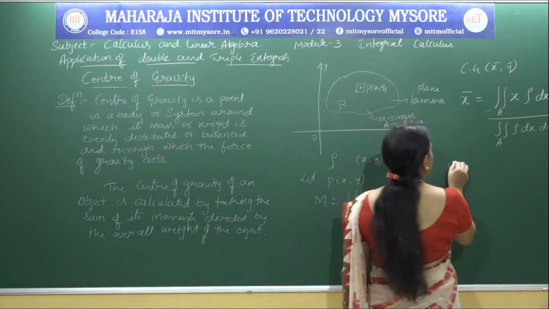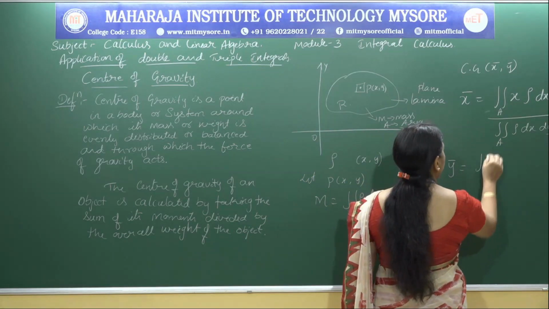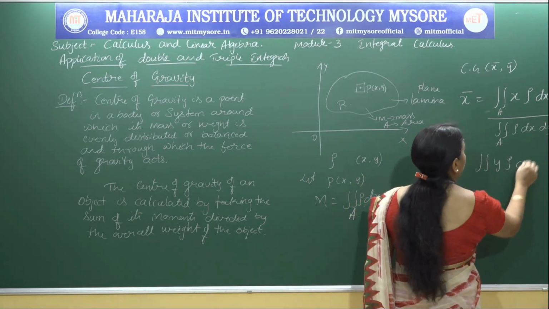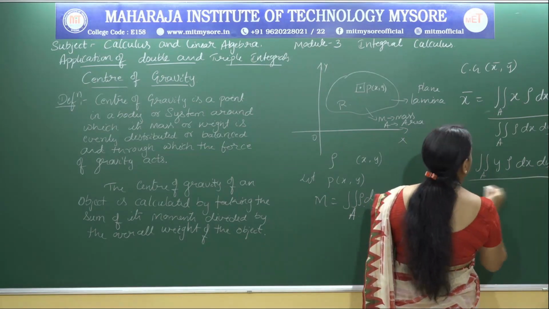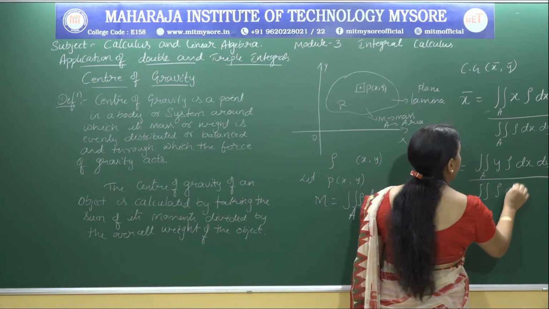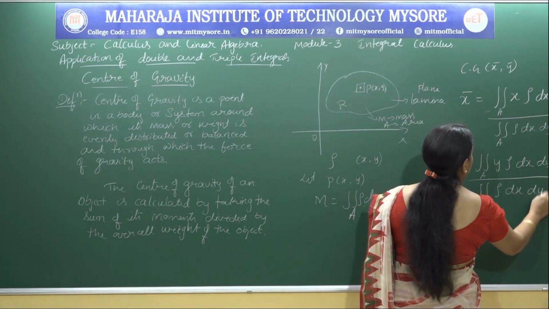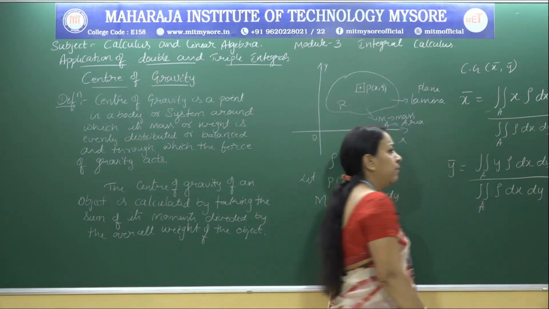Similarly y bar is the double integral of y into rho into dx dy over area A, divided by the double integral of rho into dx dy over the area A.